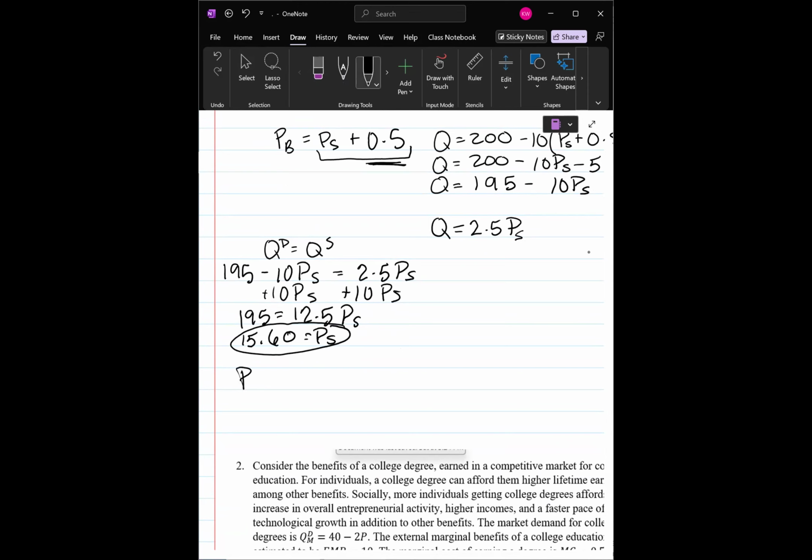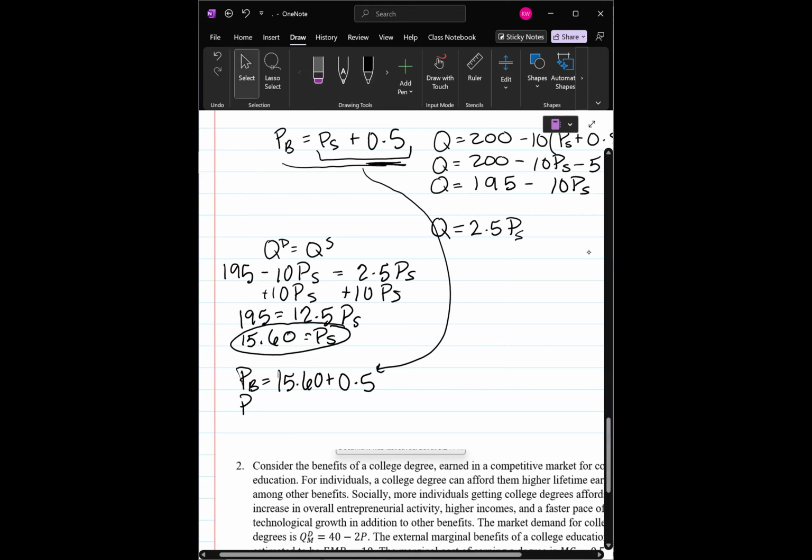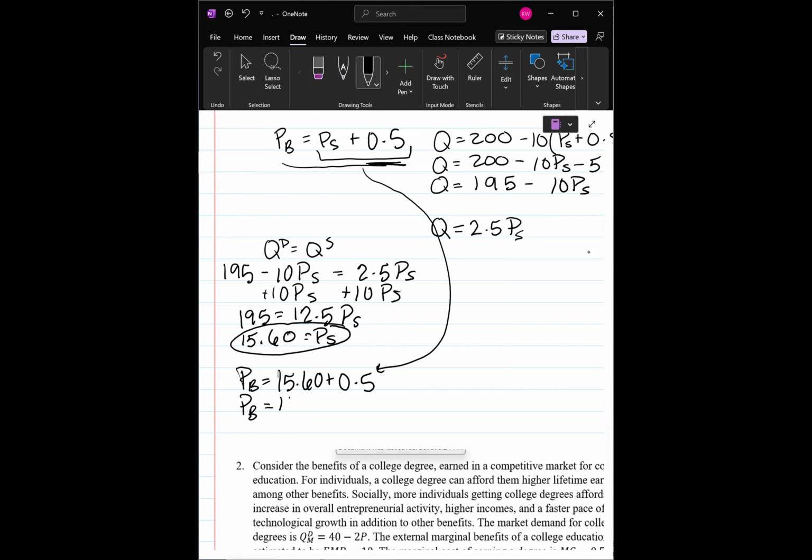Okay, so we know that price that buyers pay from our previous equation here is going to be 15.60 plus 0.5. So that gives us for buyers $16.10. All right.